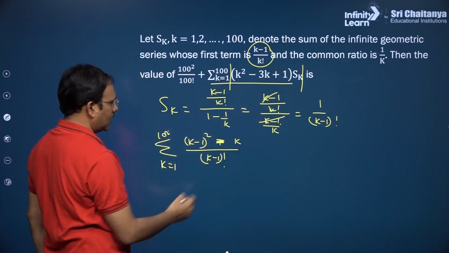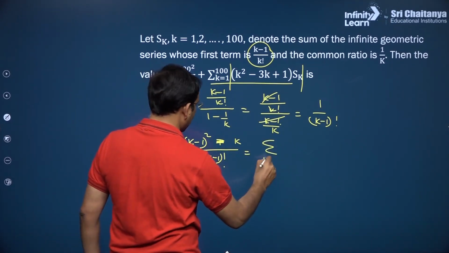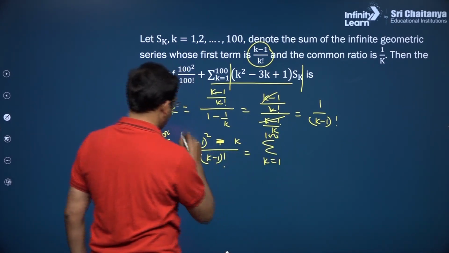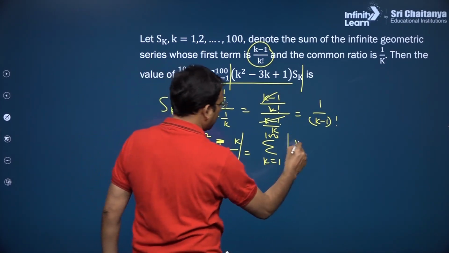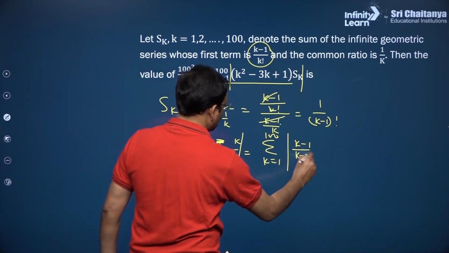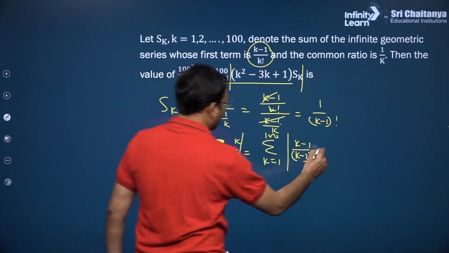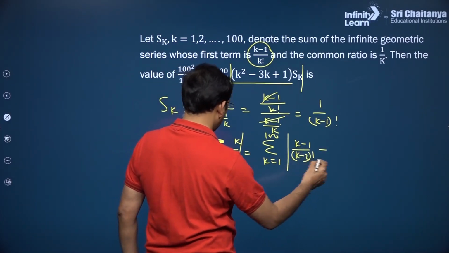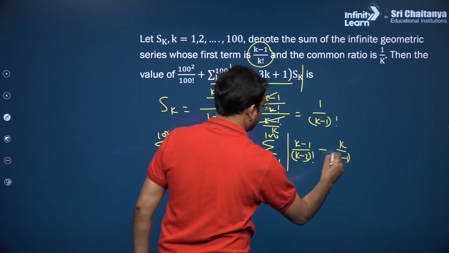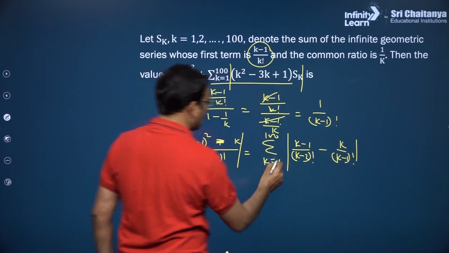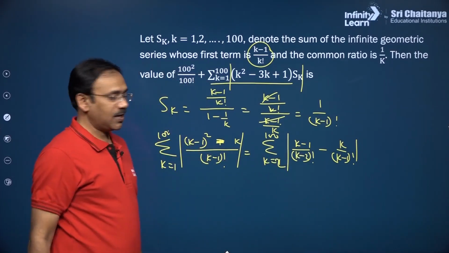Sk is 1 by (k minus 1) factorial, which is sigma k equal to 1 to 100, of course with modulus, of (k minus 1) by (k minus 2) factorial, my dear friends, minus k by (k minus 1) factorial. My k must start with 2, so you must start with k equal to 2 because you have cancelled k equal to 1.